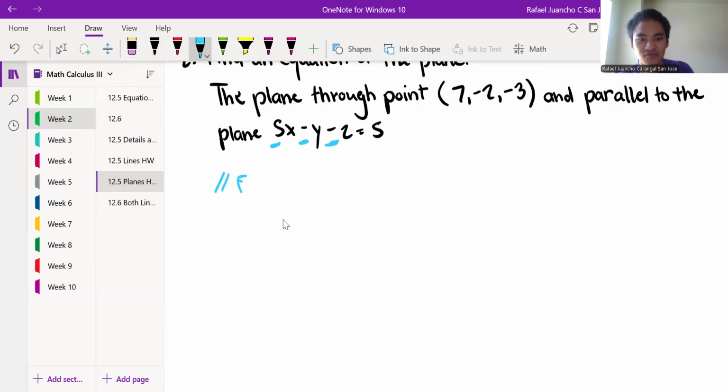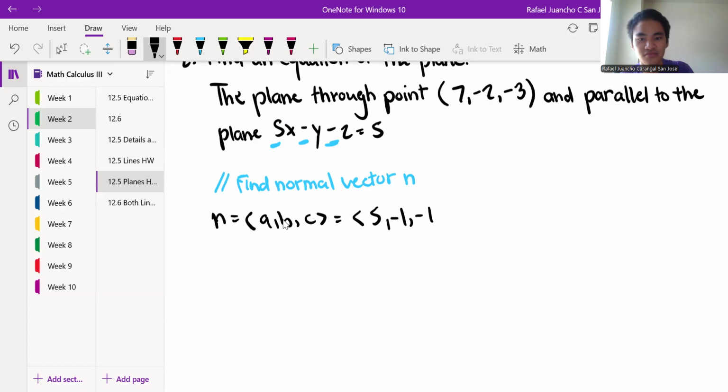So again, we want to find the normal vector, which we'll denote as n. Next time I'm not going to forget the ABC. So this is just 5, -1, -1. That's it.